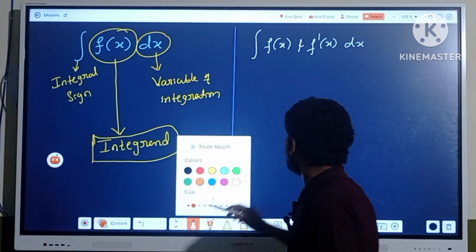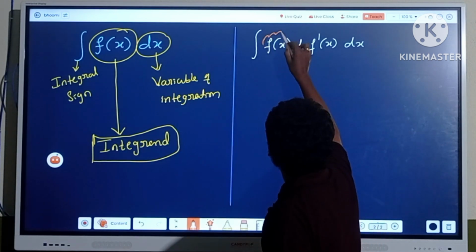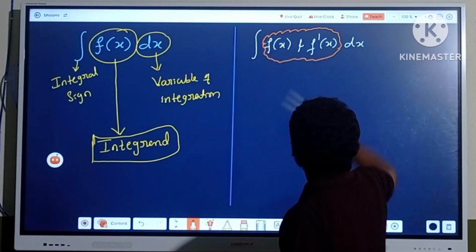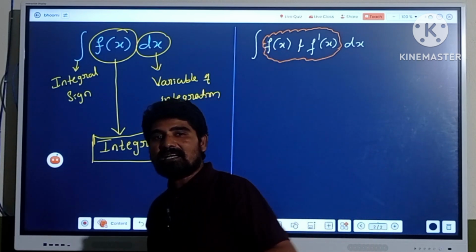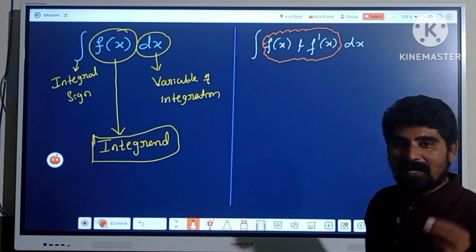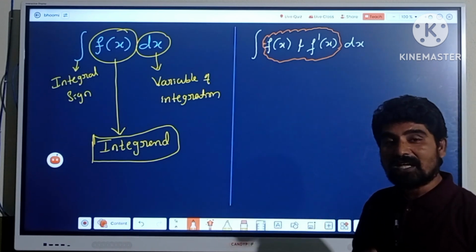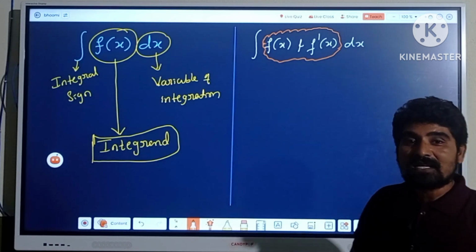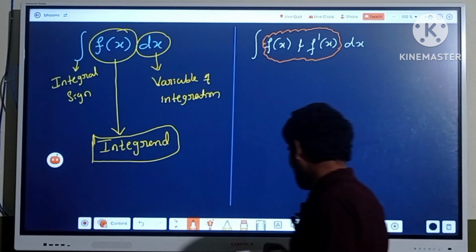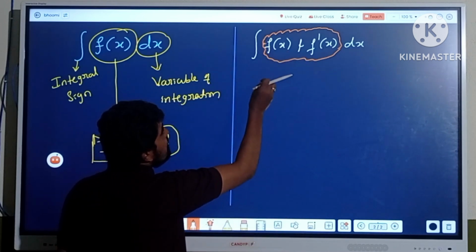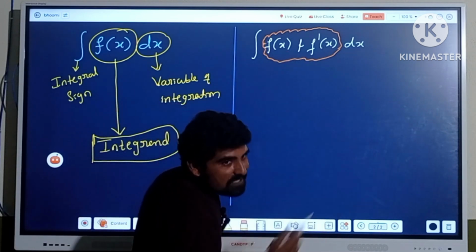The integrand is f(x) and its derivative. So if in any integral problem we have an integrand with a function and its derivative, then we are going to use the substitution method.